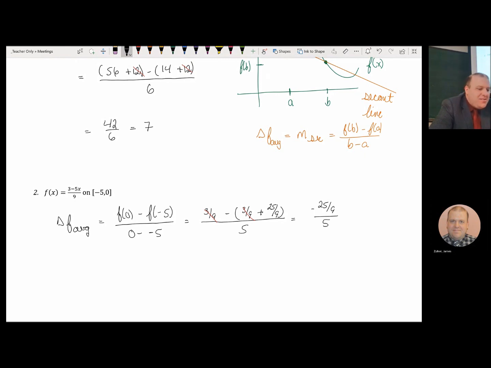Divided by 5, multiplied by the reciprocal, which is -5/9, since 25 over 5 is 5. So that's average rate of change. The formula is the same, just your function and your interval will change.